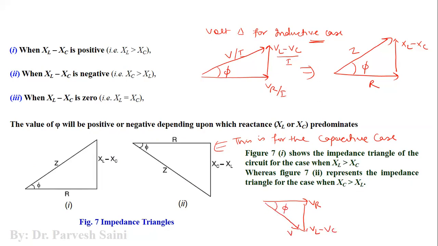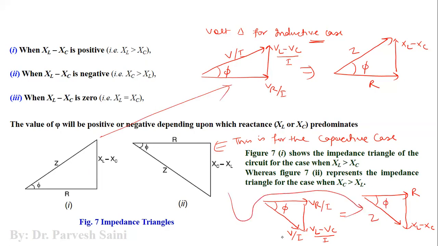Now in this diagram, if you divide each with I, VR by I is nothing but R, and this is nothing but XL minus XC, and then you have the impedance Z. So this is how we have obtained these two impedance triangles, right? That means in a series RLC circuit, we need to take the net effect of the reactance in the circuitry.